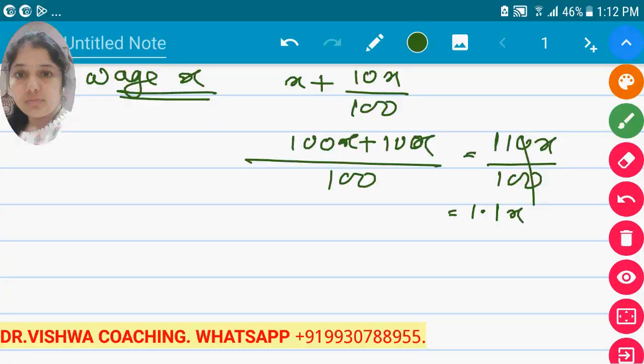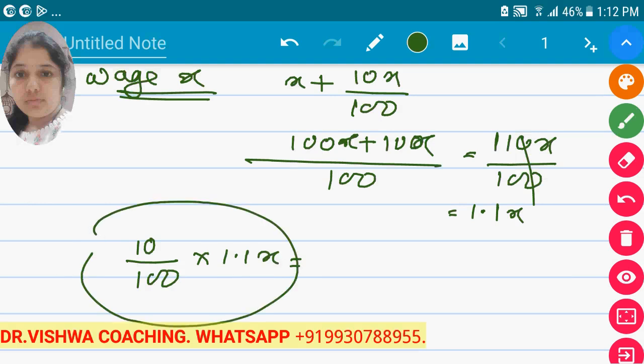Okay. Now this 1.1x is reduced by 10%. So 10% of 1.1x means 10 upon 100 into 1.1x gives us the reduction only. Okay. How much is reduced? So the value is 0.11x.